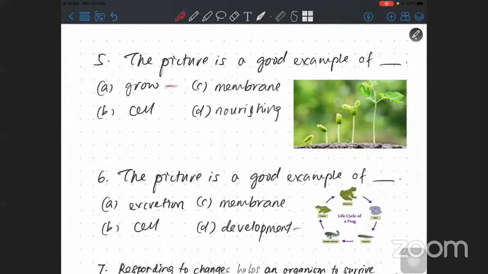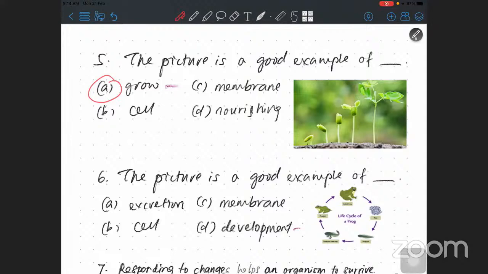Nutrition, feeding on others? Or does it mean this is a membrane? Or do you think this is a cell? I think the best example: this picture best shows us the characteristic of living things, growth. This shows us the growth of small plants, right?